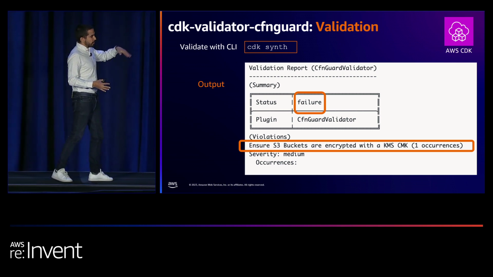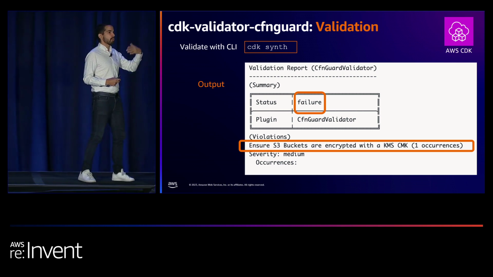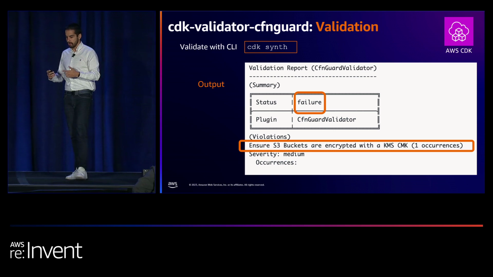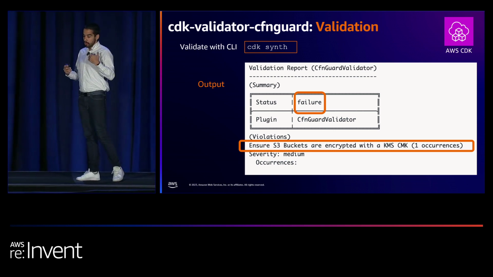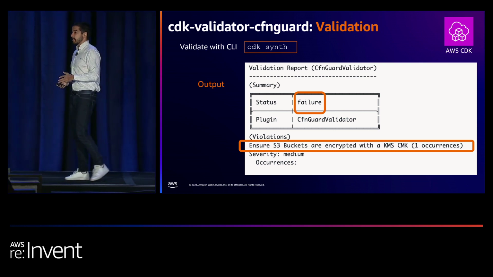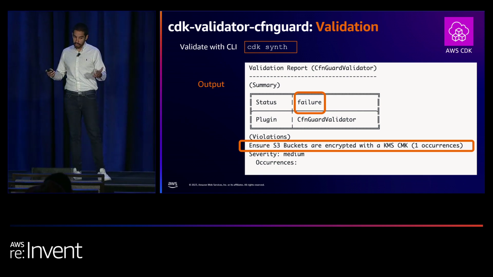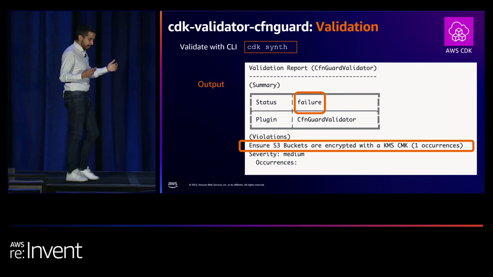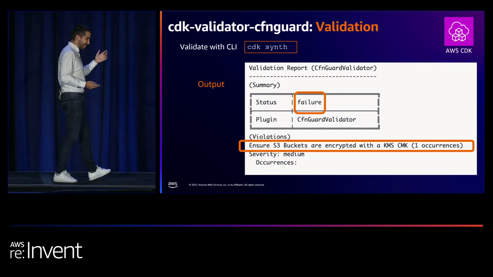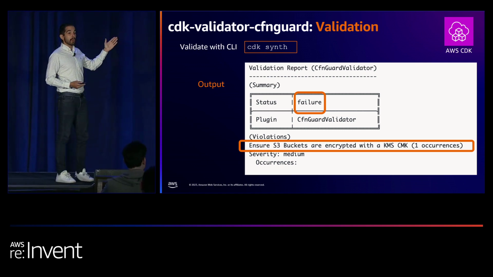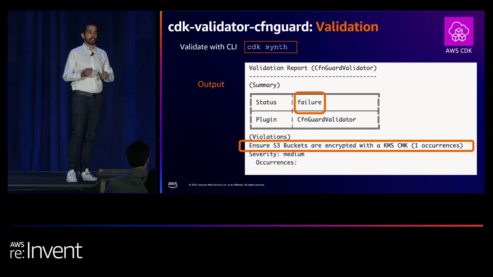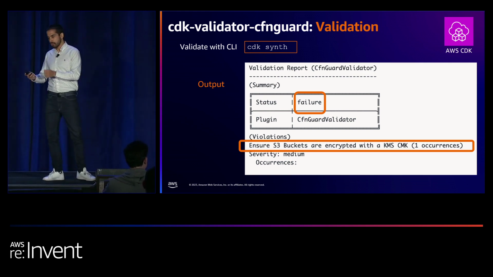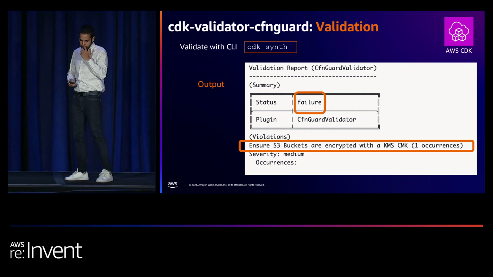If you go further down, you're going to see more details about what bucket it was and help you mitigate it. So you can see that this is something very easy, and it's an opportunity for a lot of you that have already adopted infrastructure as code, maybe a long time ago. This is a way for you to introduce security checks into the infrastructure configuration of your pipelines, right?